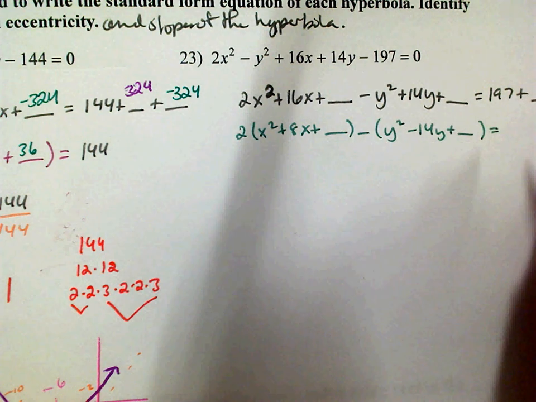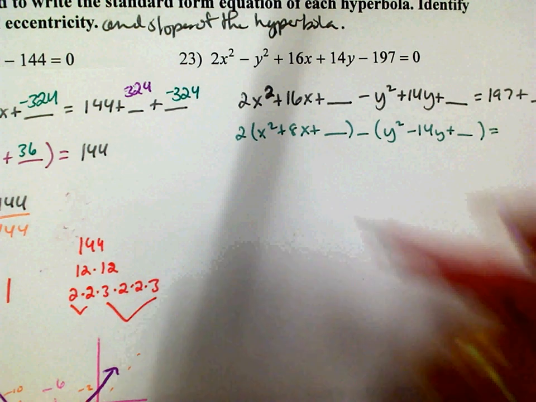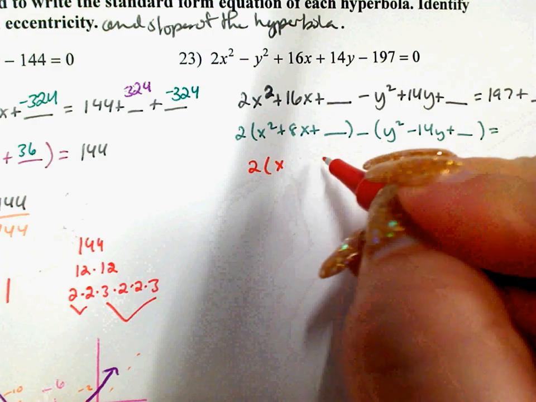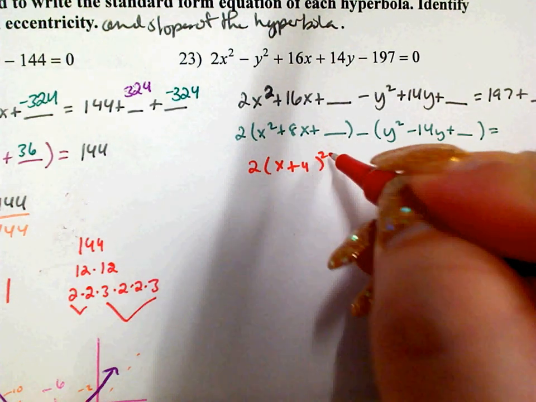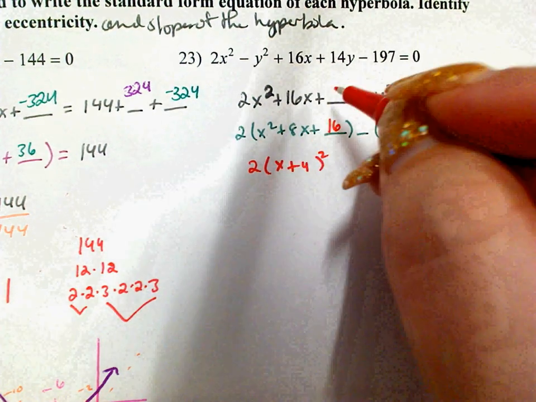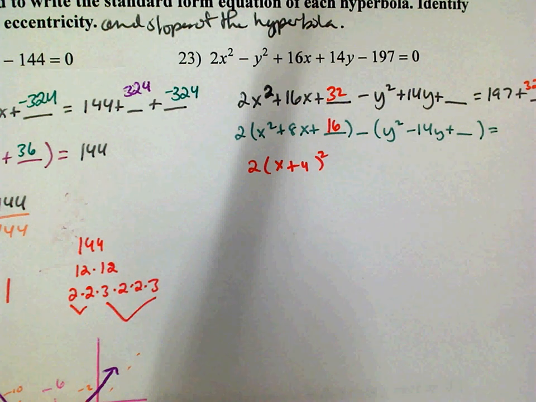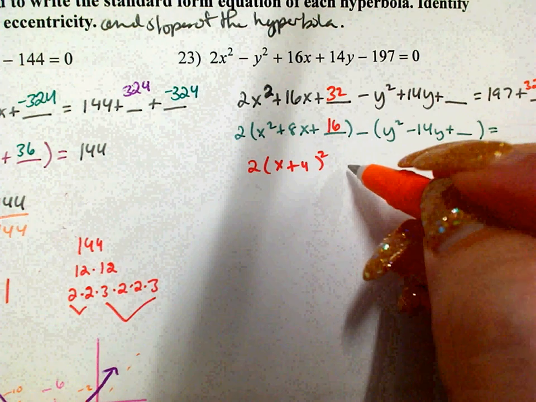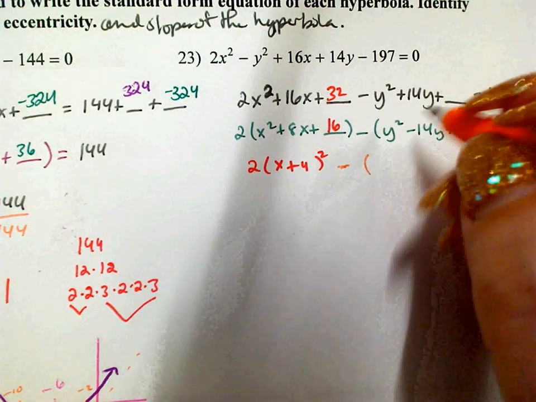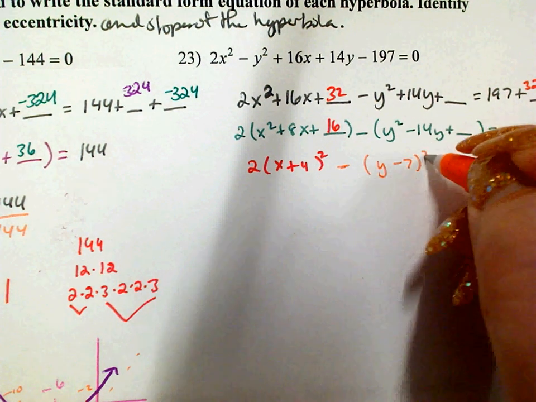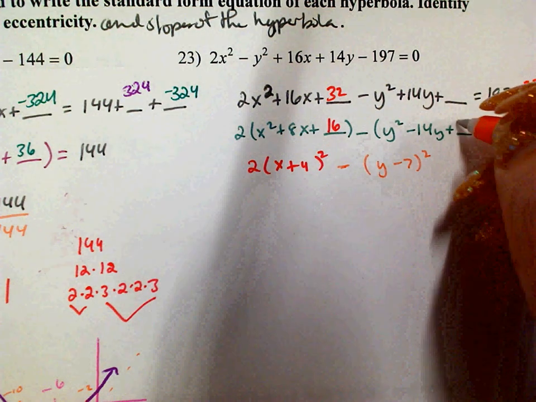We're going to complete the square. Half of 8 is 4. 4 squared is 16. So technically I added 32. On the other side, I'm going to subtract, half of negative 14 is negative 7, quantity squared. Square that, that's 49. So technically I subtracted 49.